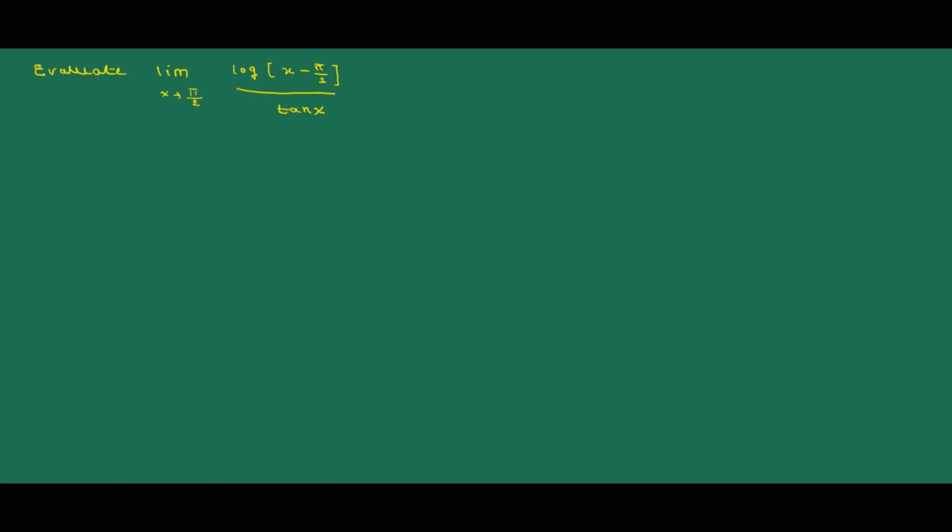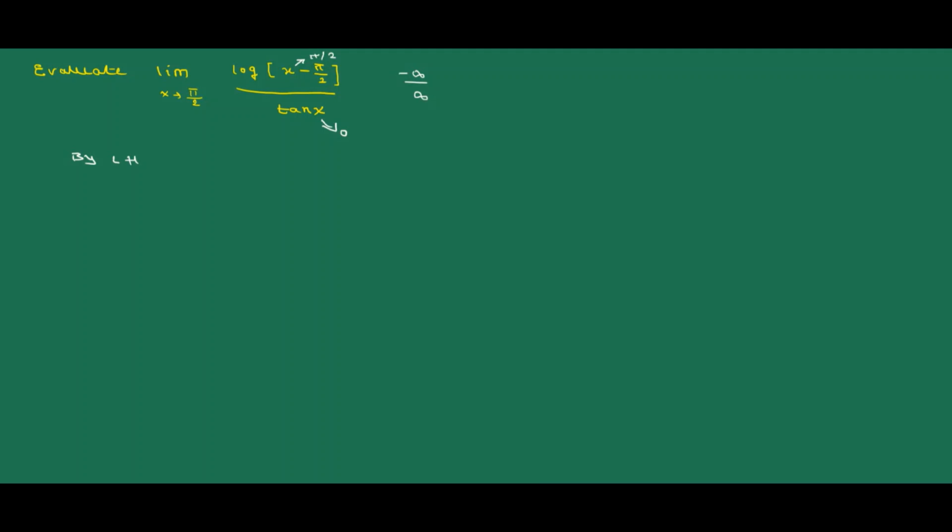So in this case, if you substitute the value x is equal to pi by 2, x minus pi by 2 is equal to 0, and log 0 is equal to minus infinity, divided by tan of pi by 2, which is infinity. So this is in the form of infinity by infinity.